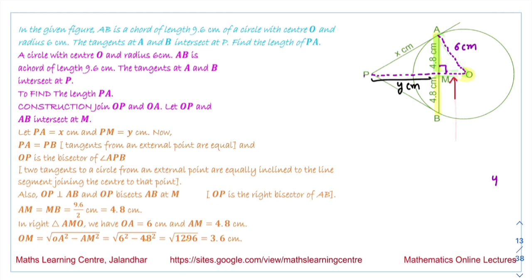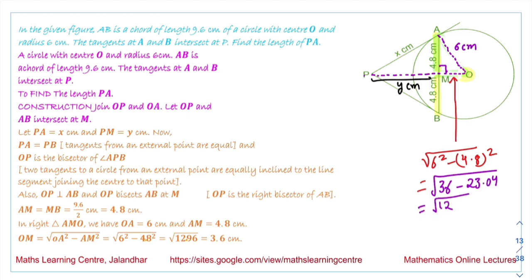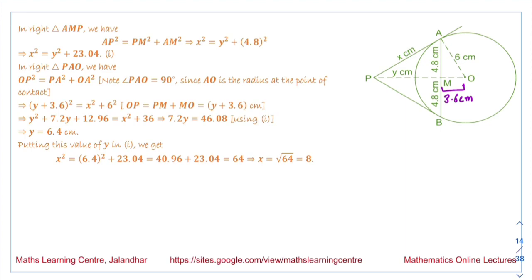The length of this side MO will be square root of 6 square minus 4.8 square, which is square root of 36 minus square of 4.8, that is 23.04. On solving, you will get square root of 12.96, and the value is 3.6 centimeters. So this length OM is 3.6 centimeters. Now next we have to calculate the value of x and y.